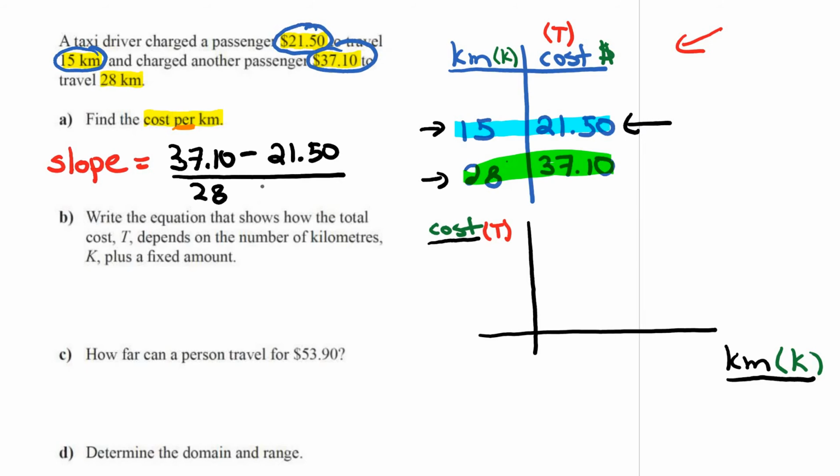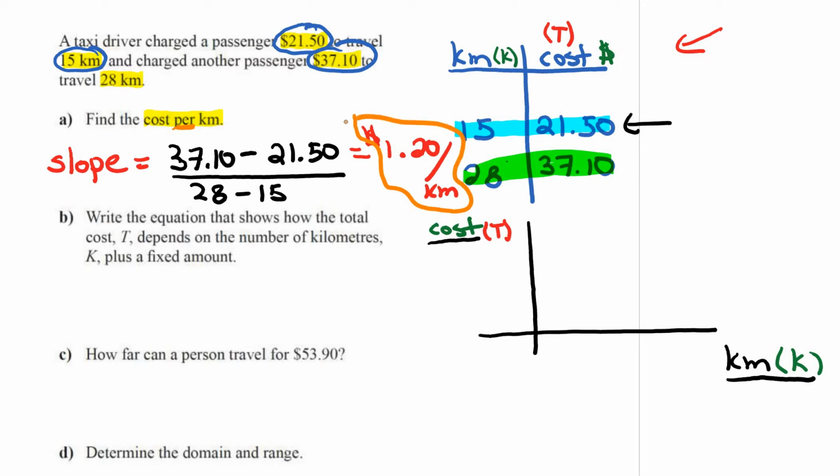If I go to my calculator and calculate this, it gives me a value of $1.20, so $1.20 per kilometer. Here is my slope for part A.